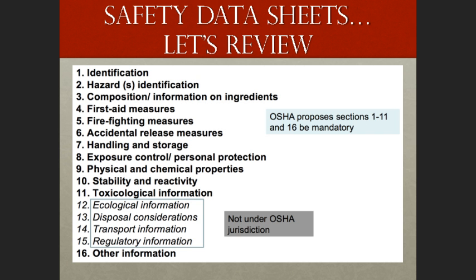So as we get closer to ending here, let's go ahead and review. We briefly went through the 16 section format of the new safety data sheet requirement. And I want to give you a hint. If you go to your workplace and you see that you have a material safety data sheet binder, some people call it a right to know binder, check to see what's in there.